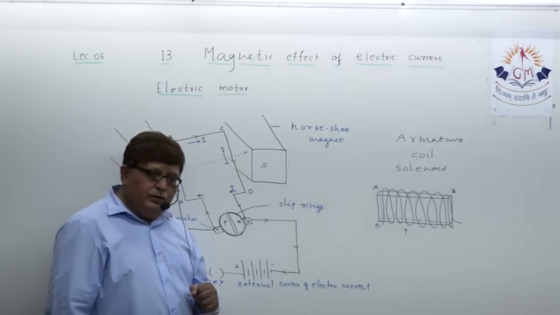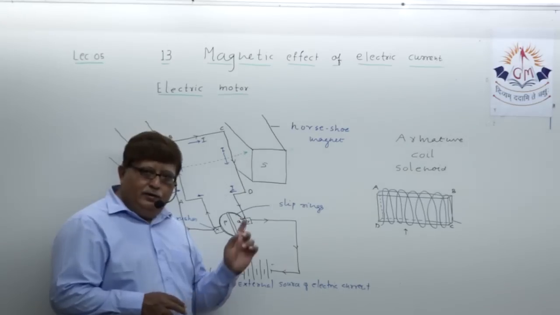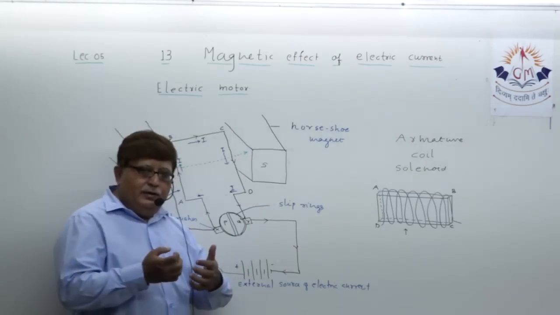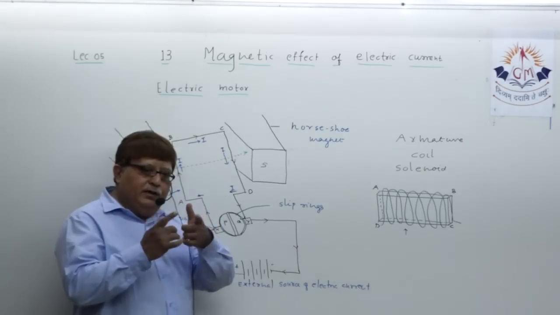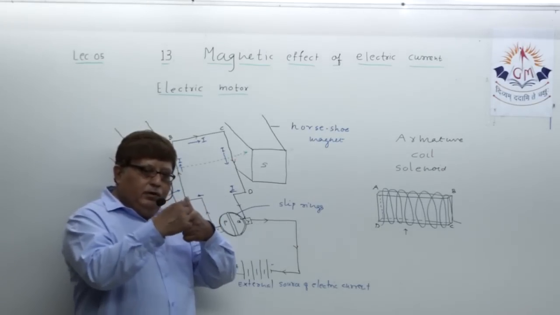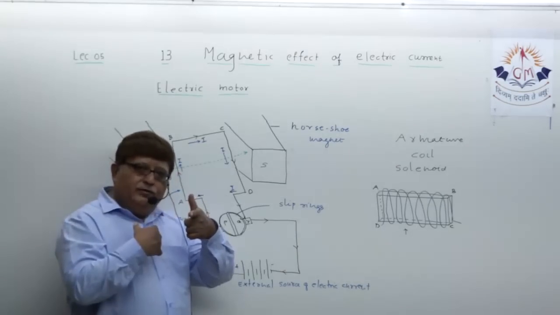Now question, how will the electromagnetic force act? It is not a straight conductor that it is pulled. It is a rectangular coil of wire which is free to rotate on the axle. Just by a flick it will start rotating. Understand?